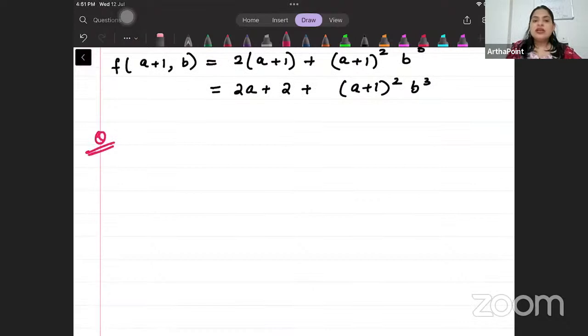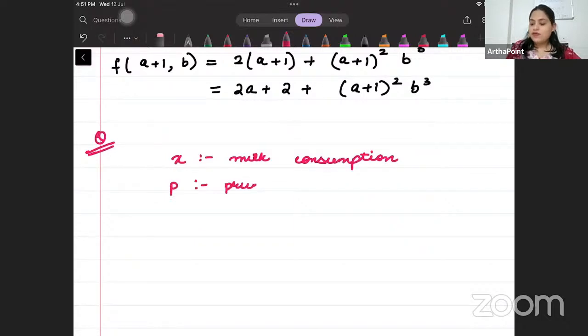So supposedly it is given to you that x represents the milk consumption. Right? And it says P is the price of milk. And it says R is the income of family.